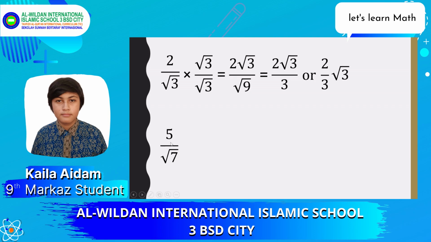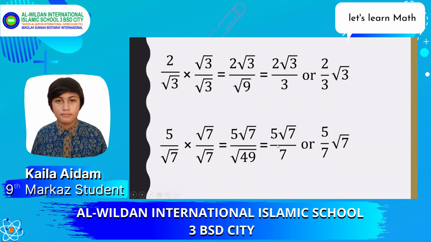All you need to do is multiply both the numerator and the denominator by the denominator. In this case, it's square root 7. So 5 times square root 7 divided by square root 49. The answer is 5 times square root 7 divided by 7, or 5 divided by 7 times square root 7.